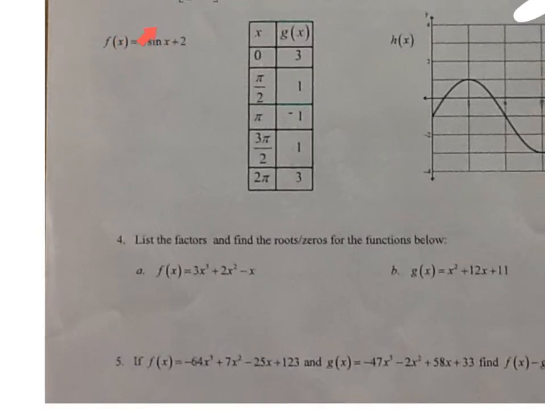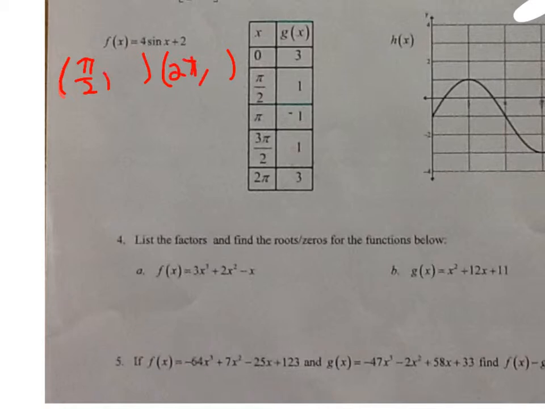So I'm going to now write down my x values and find my y values. All right, so I know one of my x values here is pi over 2. And my other x value is 2 pi. All right, so I need to get my y value.